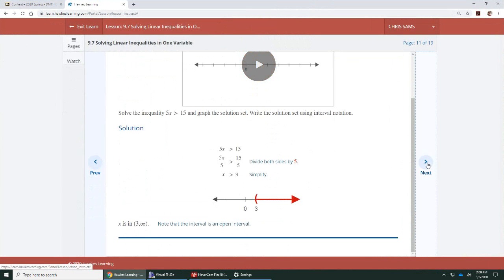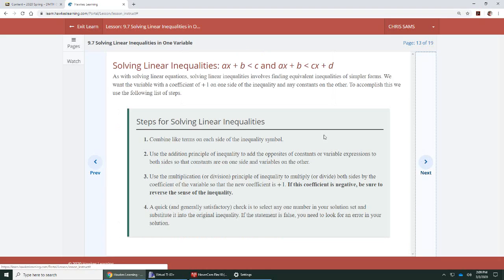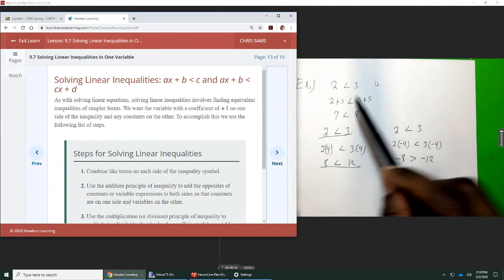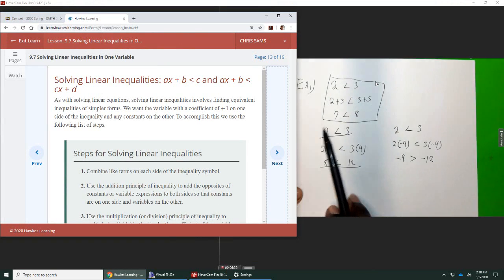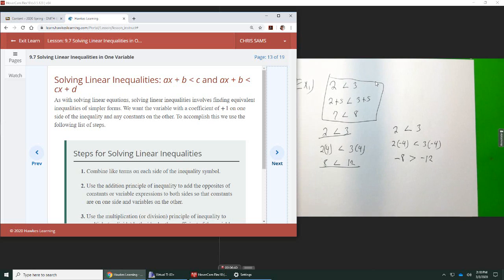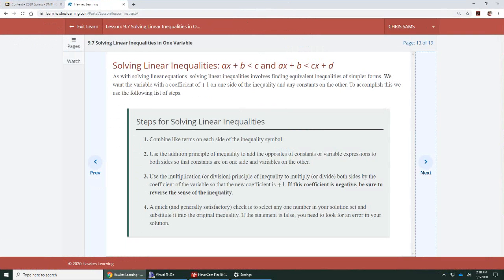That's what this multiplication principle is wanting you to see. And then a few more examples here, and I think they give us the problem-solving steps. So here's the last thing I want to point out. Steps for solving. You're going to combine like terms, and they say use the addition principle. So either we're going to add, or we may have to subtract something from both sides. So kind of like here, this is that first thing we did. We added the same thing to both sides, or you might have to subtract, so that the variable is on one side and the constant or the numbers is on the other side.